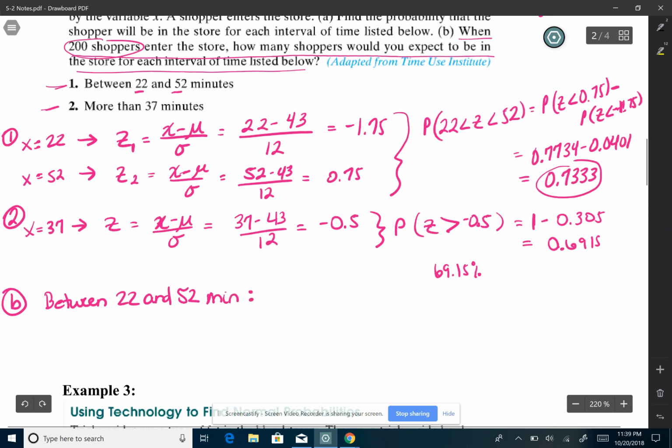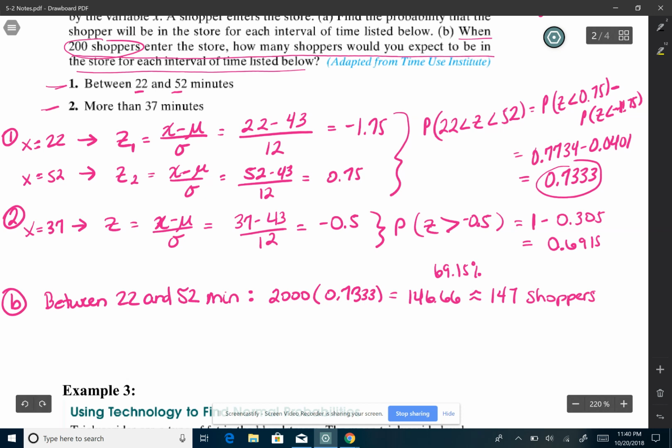it's going to be your 200 shoppers multiplied by that probability, 0.7333. And when you multiply that, that comes out to 146.66, which would be about 147 shoppers, because obviously you're not going to have a part of a shopper. So you would round to the whole numbers.